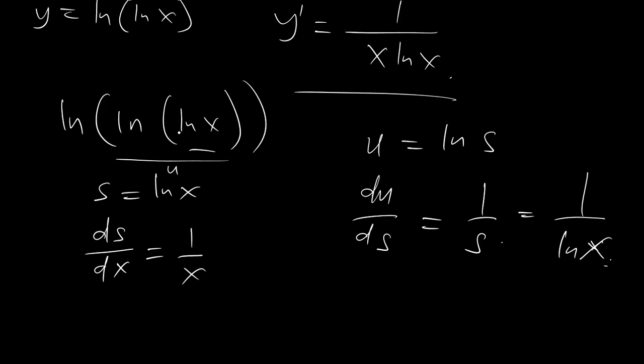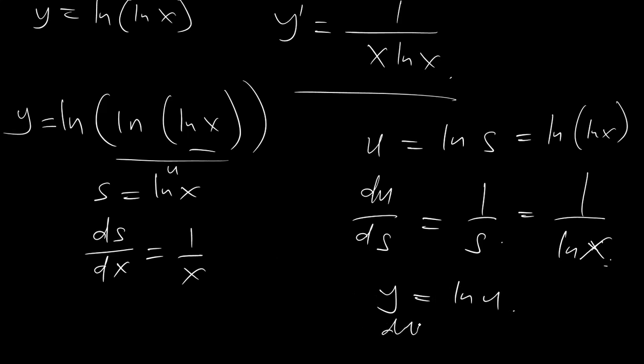Now, the whole of this is u, and you know u is equal to ln x. Let's say this is equal to y, and y is equal to ln u.